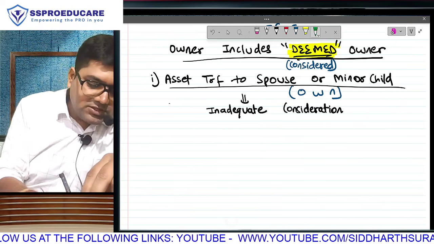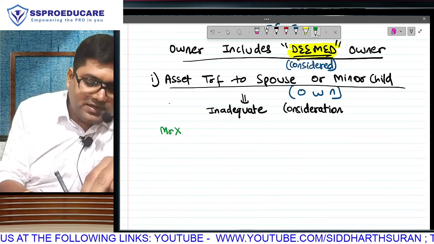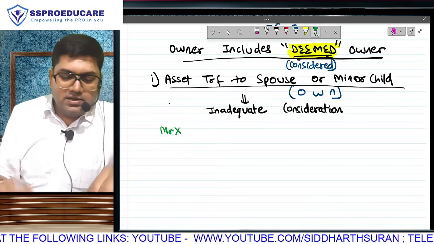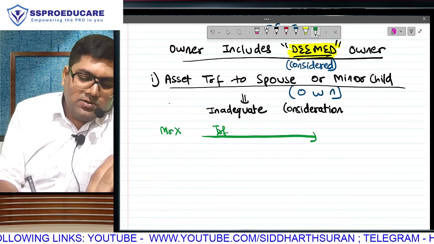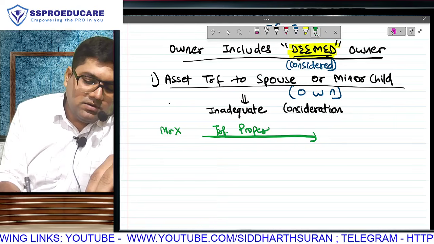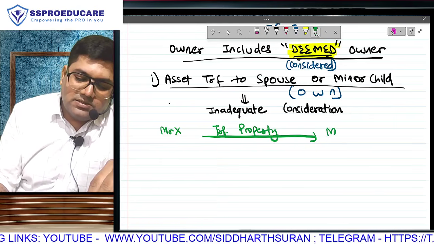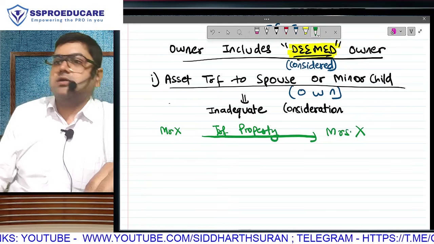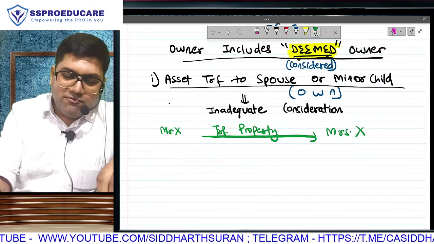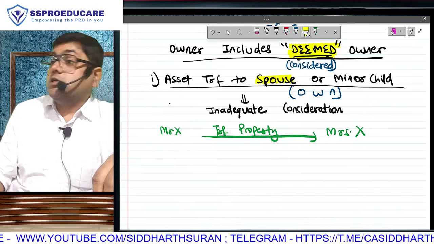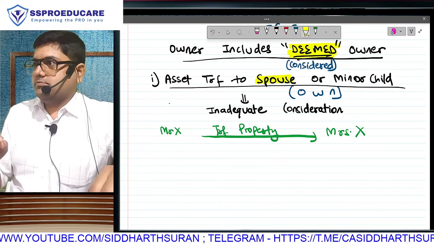Example se samajhte. Supposingly there is a person, Mr. X, who owned a property. He did what? He transferred his property to Mrs. X. Matlab, the transferee is spouse, but you should note one more thing. The word used here is spouse and not wife.